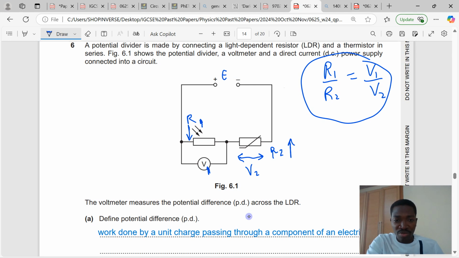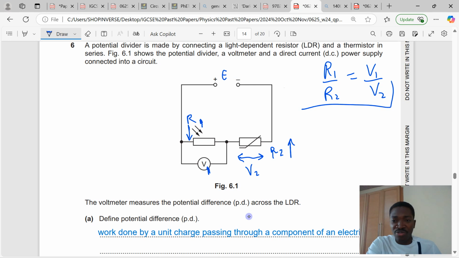This voltage divider formula can always be applied whenever you have two resistors in series. Don't forget that these two are actually resistors. The light-dependent resistor is a resistor whose resistance depends on the intensity of light, and the thermistor is a resistor whose resistance depends on temperature.